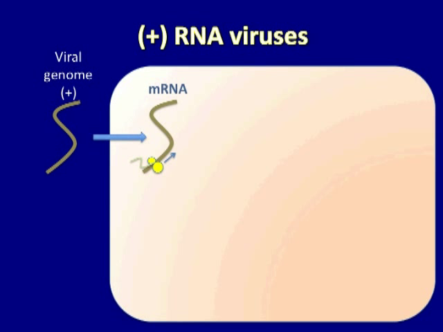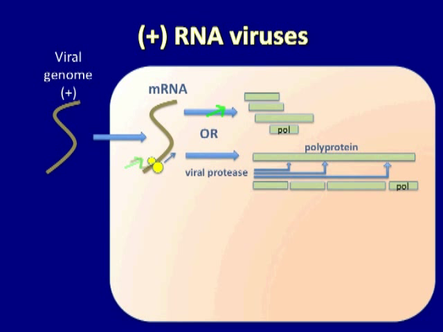Positive-stranded, single-stranded RNA viruses require little modification in order to begin their replication once they arrive in the cytoplasm. Once the virus uncoats and releases the viral genome, since the viral genome is positive-stranded, it acts as an mRNA within the cytoplasm and immediately begins translating to proteins.